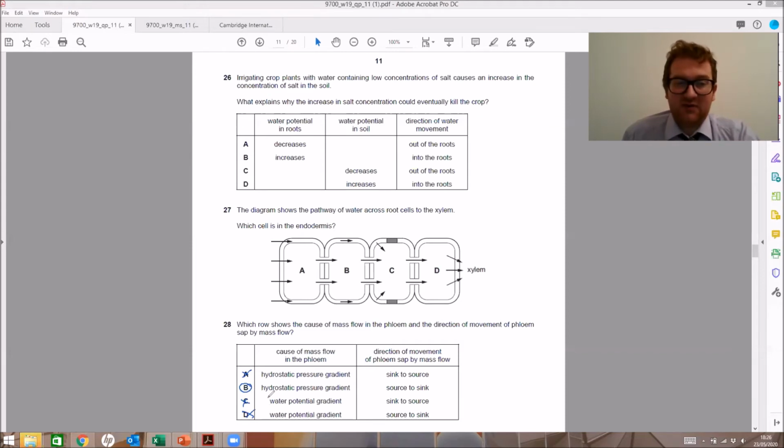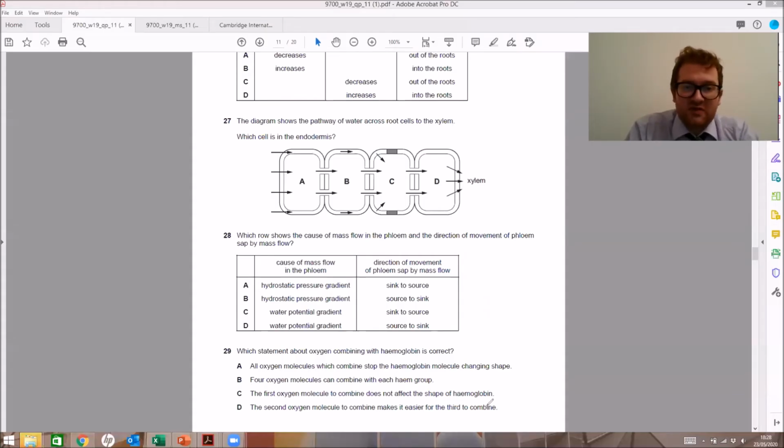Question 29. Which statement about oxygen combining with hemoglobin is correct? All oxygen molecules combine to stop the hemoglobin molecule changing shape. Well, that's not true, because when it does bind, it does change the shape slightly. 4 oxygen molecules combine with each heme group. Well, no, that's not true. 1 molecule of oxygen combines with each heme group, and there's a total of 4 heme groups.